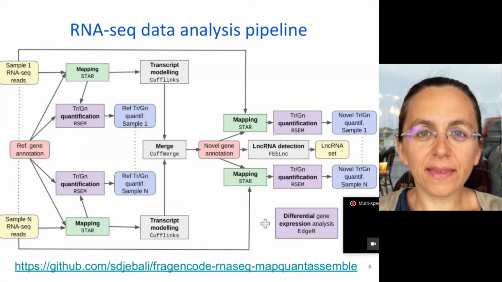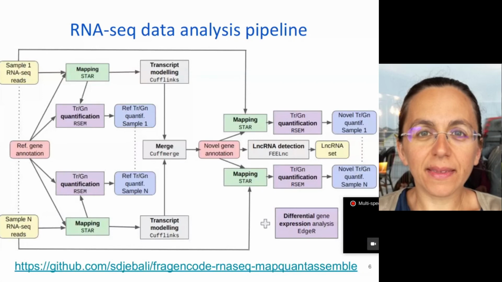From this novel annotation, we also detect long non-coding RNAs using the FEELnc tool, and we also quantify the expression of both transcripts and genes, of both the reference gene annotation and the novel gene annotation, using a STAR and RSEM pipeline, which was used in many different consortia, such as ENCODE or Blueprint, which is a good pipeline, although it requires quite some resources.